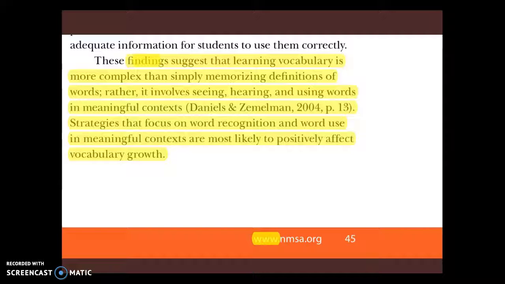Rather, it involves seeing, hearing, and using words in meaningful context. In other words, students need to interact with text and interact with the words that they're learning. If there is no background experience, we as teachers must be the platform and provide the interaction for building schema for unknown words.